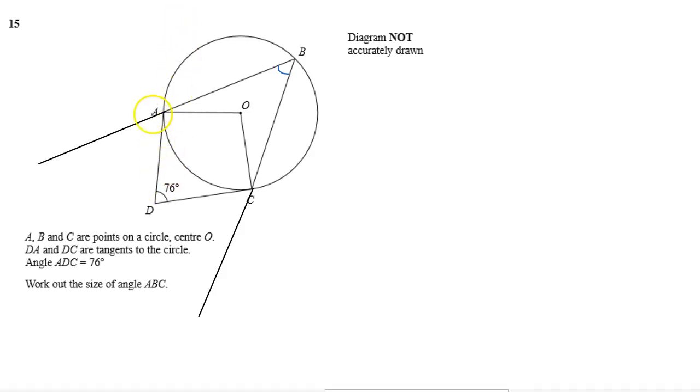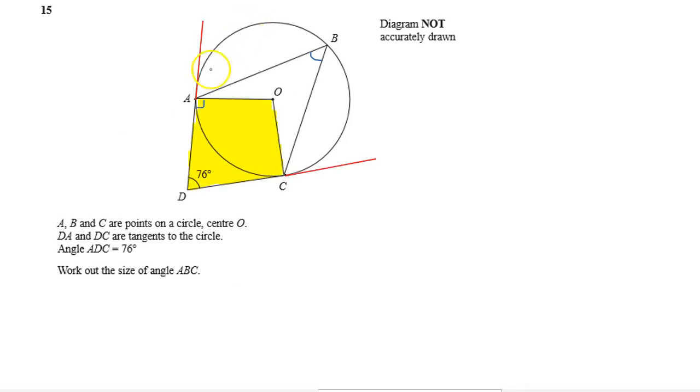Now here we can see that AODC is a quadrilateral. Now AD is a tangent and OA is a radius. So the angle between the radius and the tangent is always 90 degrees.